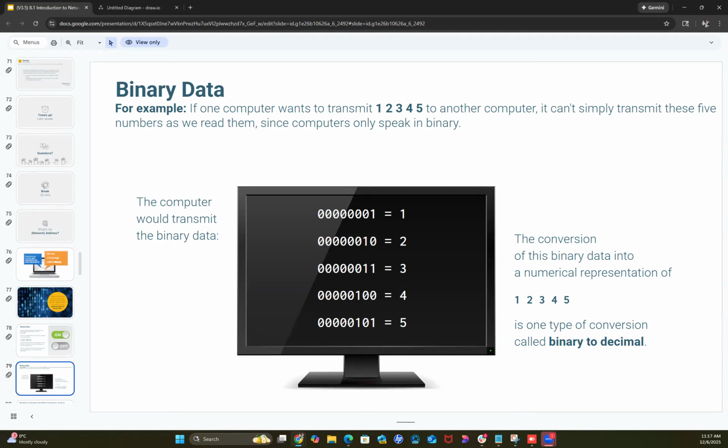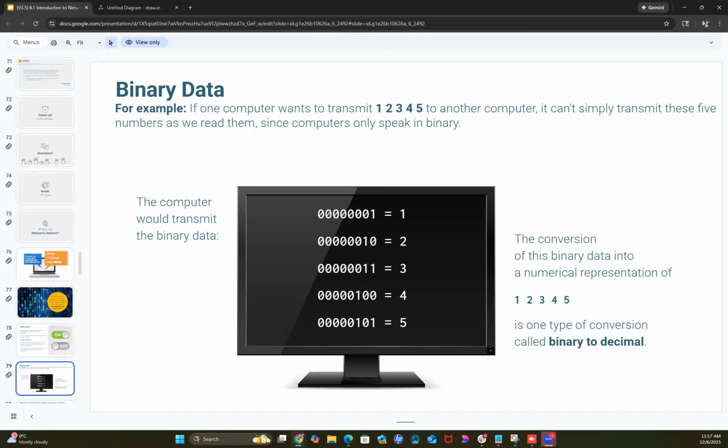When you write down 0, the computer writes down 0, 0, 0, 0, 0, 0, 0, 0. When you write down 1, the computer transmits the data 0, 0, 0, 0, 0, 0, 1.